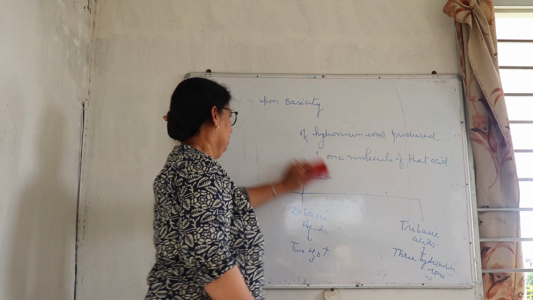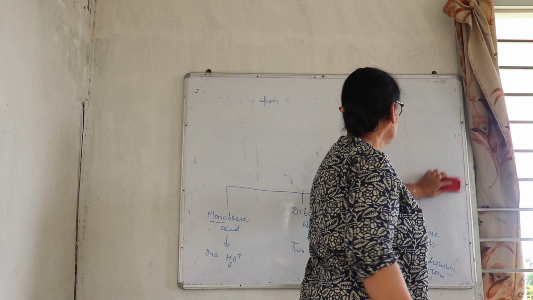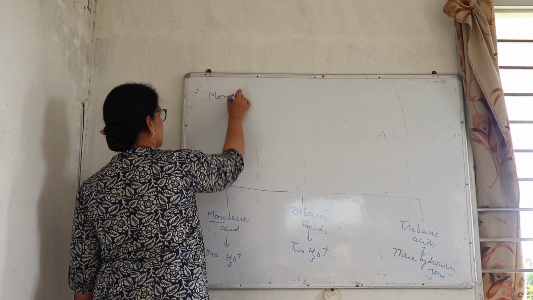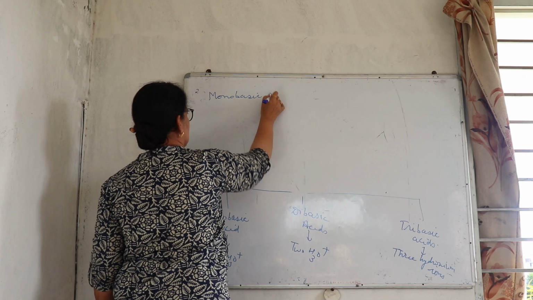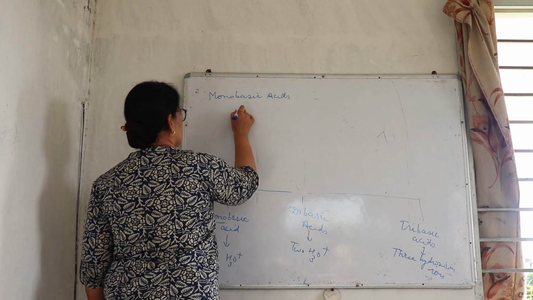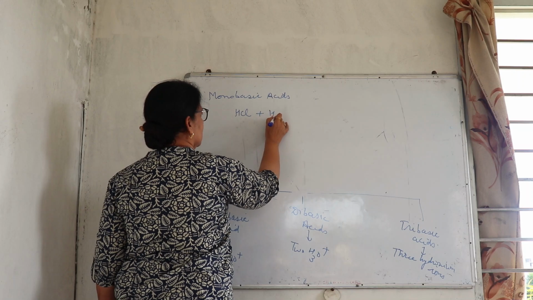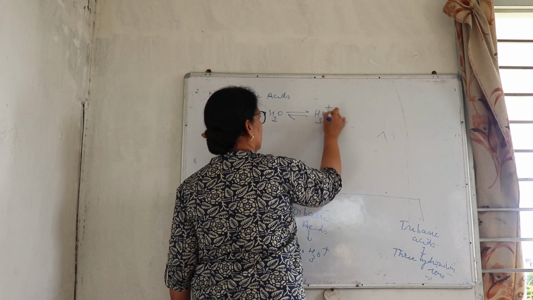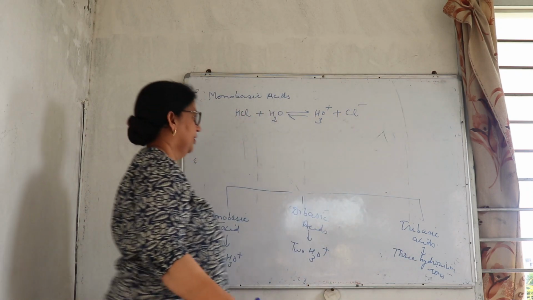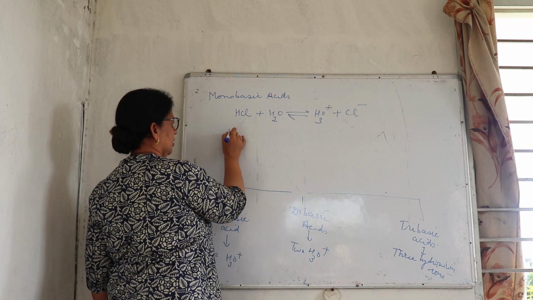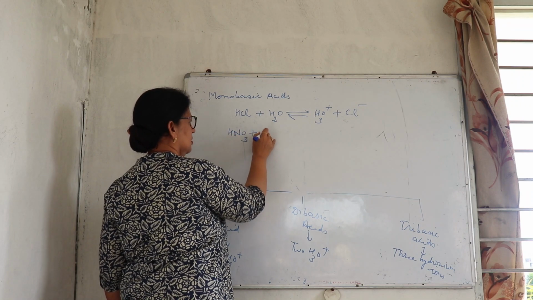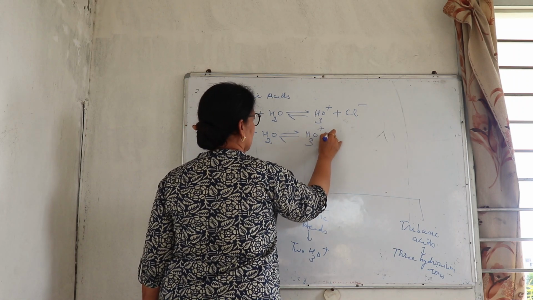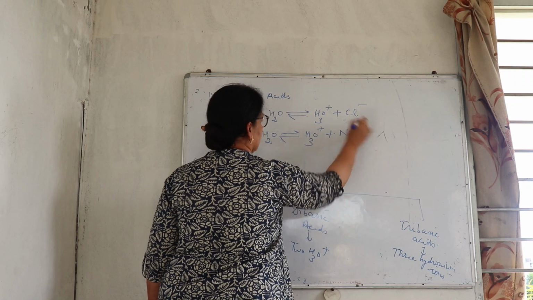Now, examples of monobasic, dibasic and tribasic acids. Monobasic acids: HCl, when dissolved in water, produces only one hydronium ion and chloride ion. And HNO3, when dissolved in water, produces one hydronium ion plus one nitrate ion.